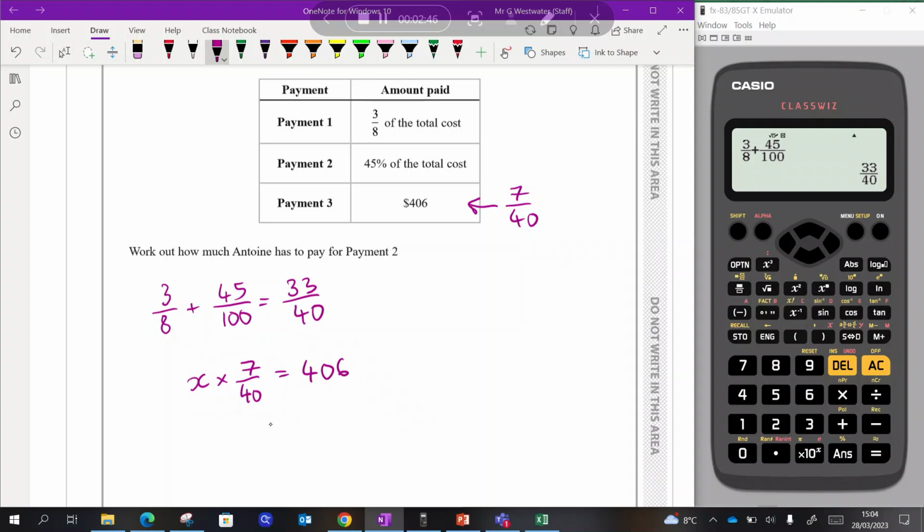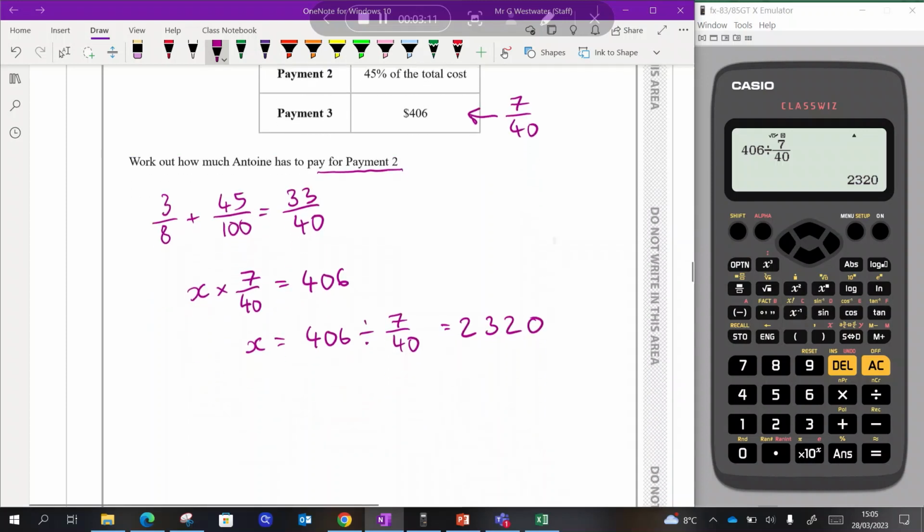And again, we can work out what the total is by doing 406 divided by 7/40. Okay, so 406 divided by 7/40 gives me a total of 2,320. Now, if I'm looking to work out the amount for payment 2, I just need to work out 45% of this.